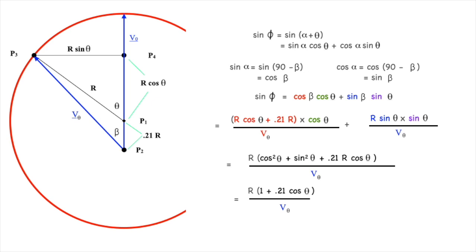So now we see that sine phi equals r times the quantity 1 plus 0.21 cosine theta divided by v sub theta. Now let's take this finding and bring it into our diagram in real space.